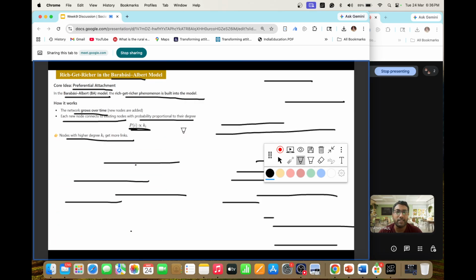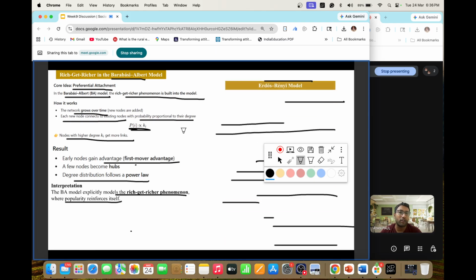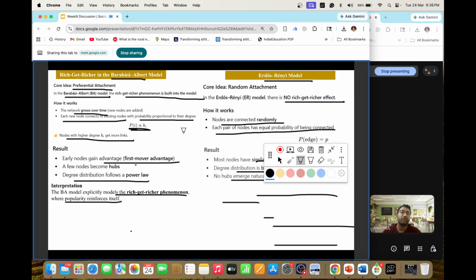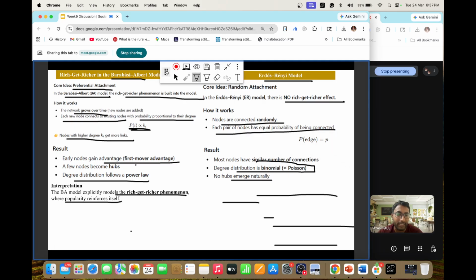Then we have two models: one is the BA model and one is the ER model. The BA model follows the rich get richer phenomenon. The ER model does not follow it; the connection there is a random event, while in the BA model it follows preferential attachment.